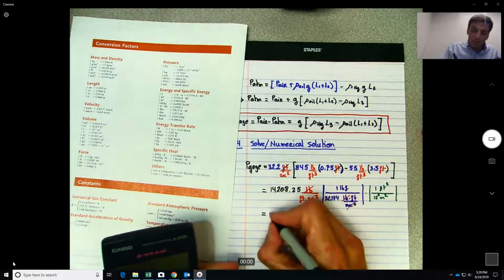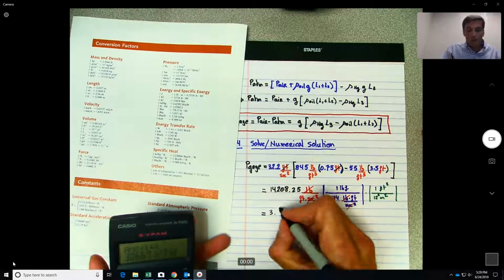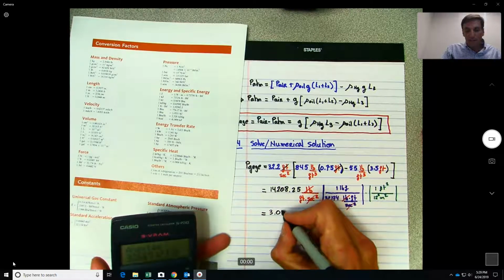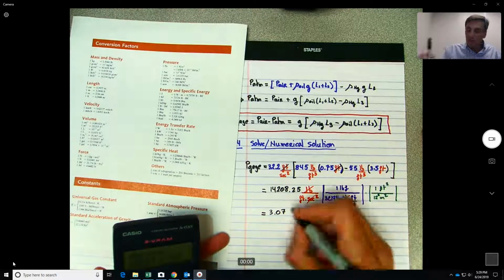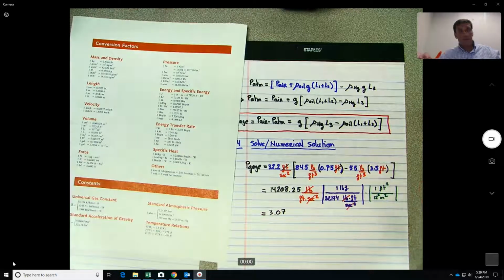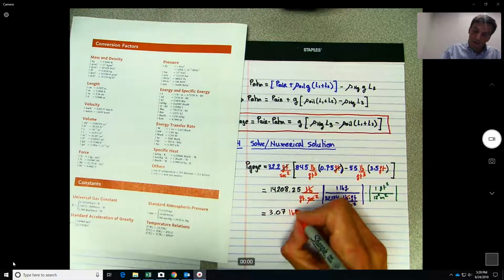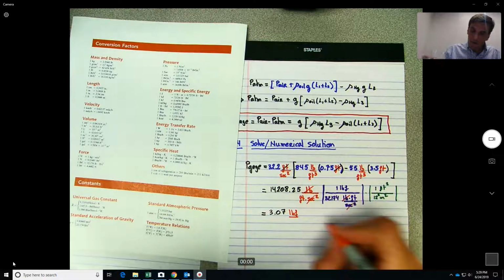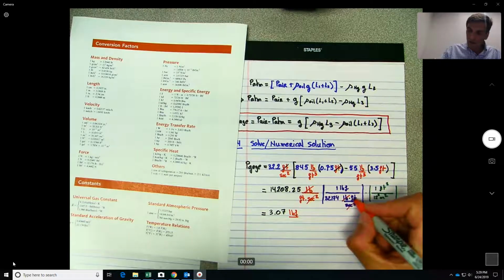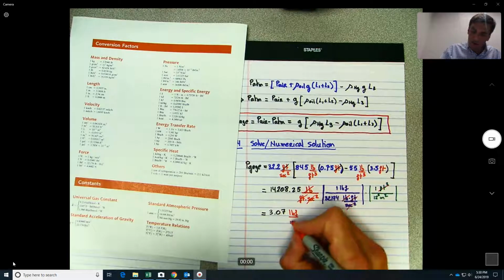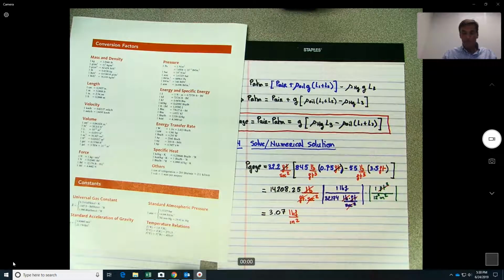I get 3.0667, so let's say 3.07 lbf, this one will cancel, inch square.